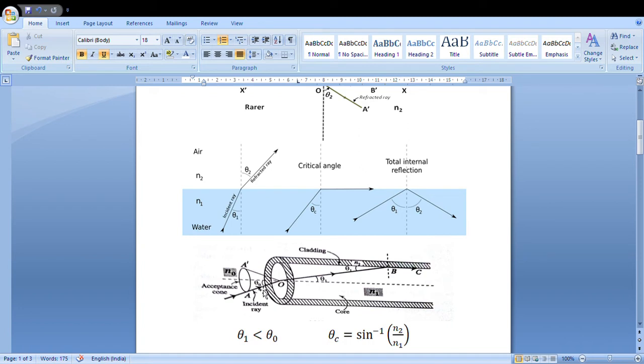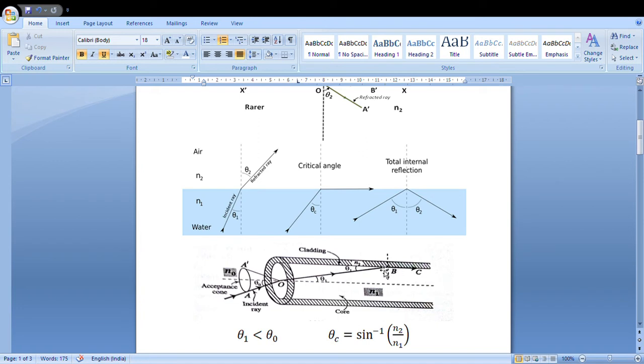So the angle of incidence at the tip of your optical fiber is theta naught, the angle of refraction is theta 1, and the angle of incidence at the interface between N1 and N2, over here, is 90 minus theta 1. If you make this as small as possible, this grazing will happen.